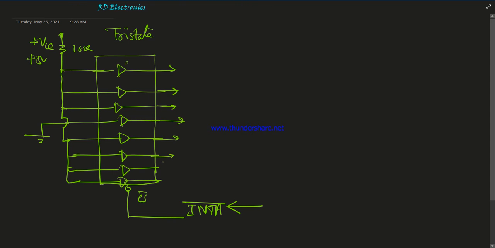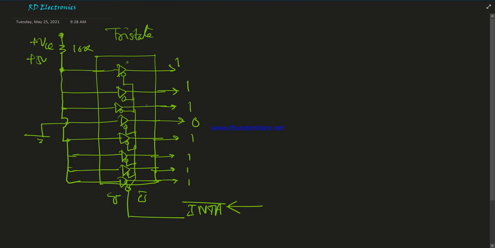When INTA goes low, this tri-state buffer will be activated, because the control input of the tri-state buffer is connected to this chip select. When this pin goes low, the tri-state buffer is selected, and then the input is present at the output. So what is the output? 1 1 1 0 1 1 1 1.